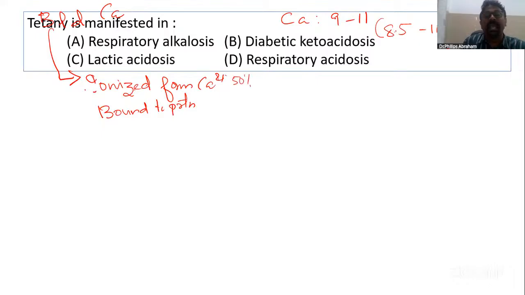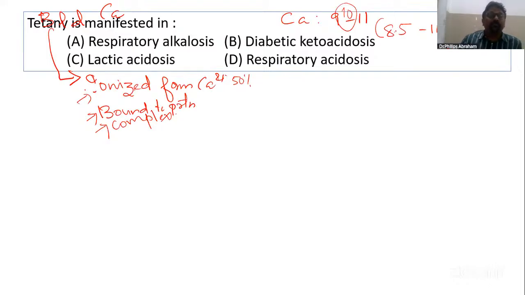That means if the average value is 10, out of that 5 will be ionized form, around 4 to 4.5 bound to protein, and the complexes with citrate or phosphate another 10%. So it exists in three forms: ionized form, bound form, and complex form.